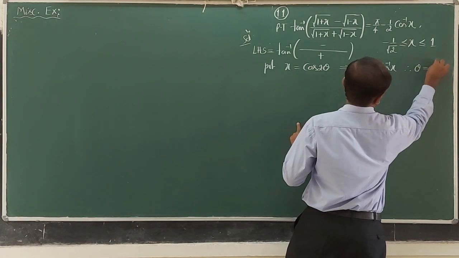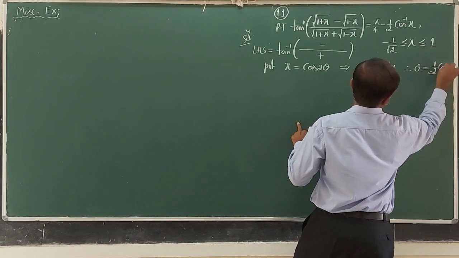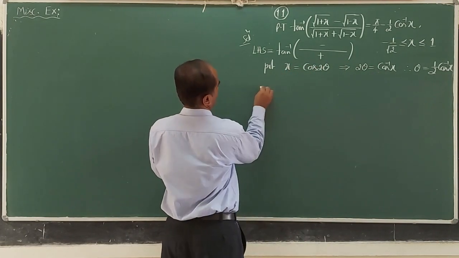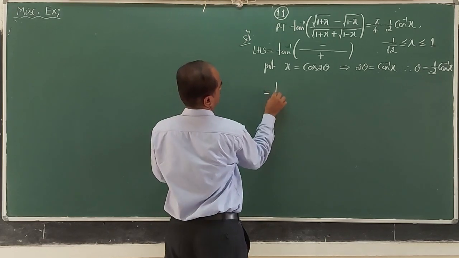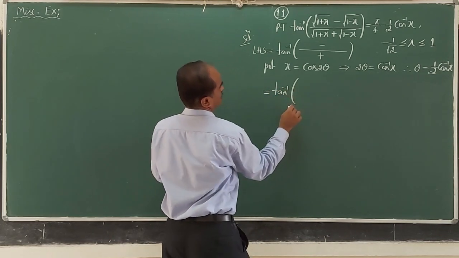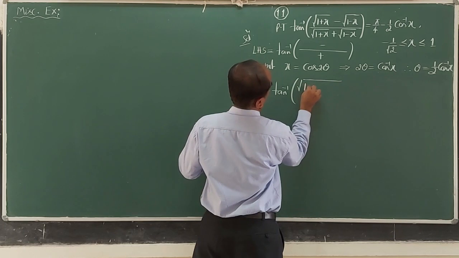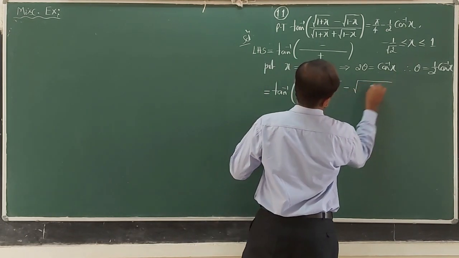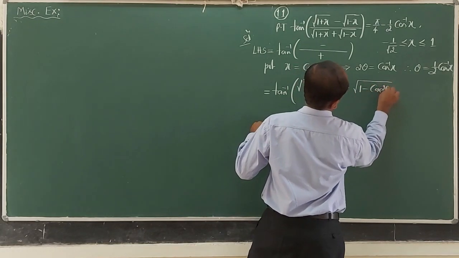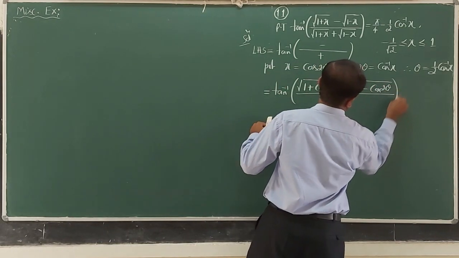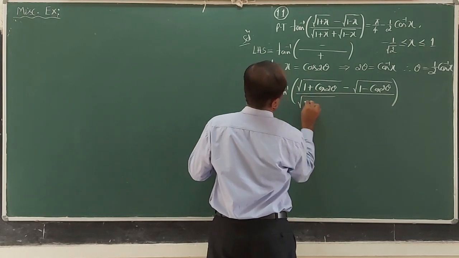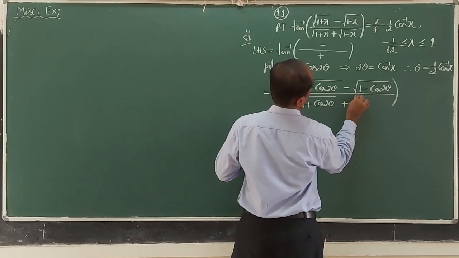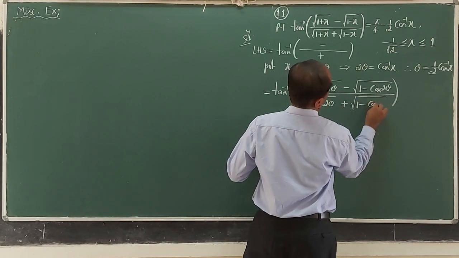Therefore, theta is 1 by 2 into cos inverse x. Now, LHS becomes tan inverse of root of 1 plus cos 2 theta minus root of 1 minus cos 2 theta divided by root of 1 plus cos 2 theta plus root of 1 minus cos 2 theta.